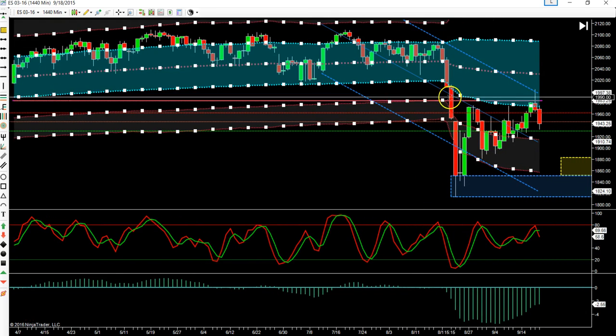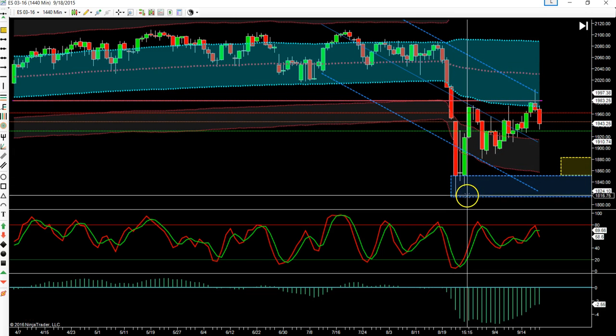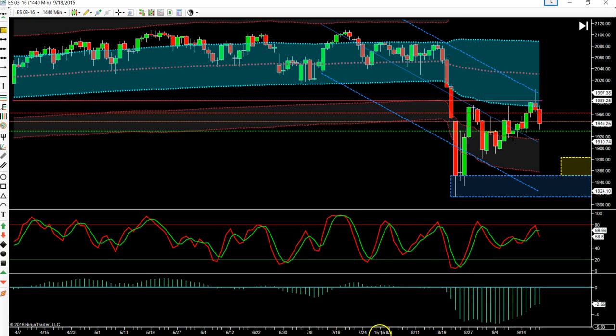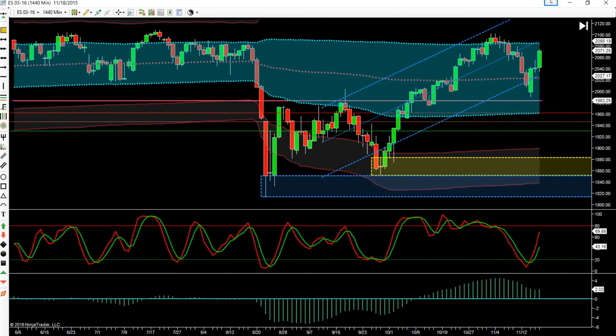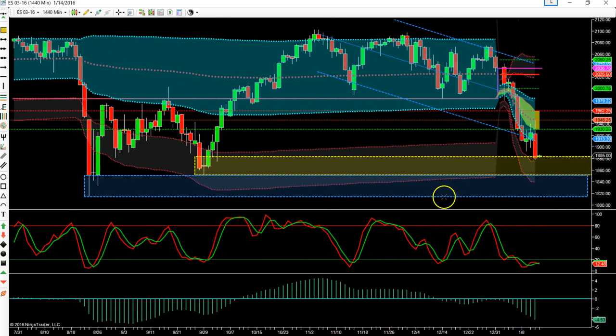That's when we had those circuit breaker days and had that huge spike down, which we have not been back to test. And that's why I think at least we'll get down to that level to retest it at some point, and we're pretty close to that location today.